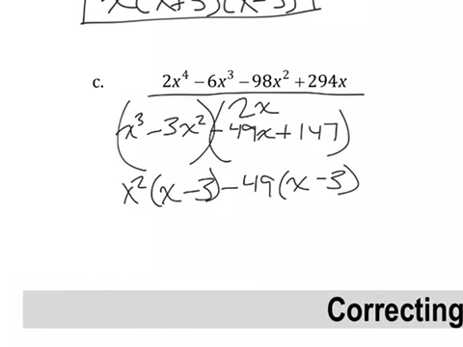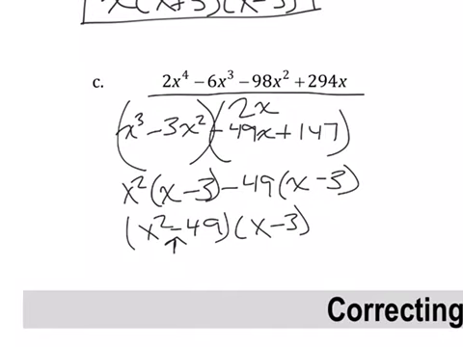So now I've got x squared times the binomial x minus 3 minus 49 times the binomial also x minus 3. So there's our common binomial we can factor out. So now I know I'm going to have x squared minus 49 and x minus 3. But if you notice, x squared minus 49, difference of squares, right?